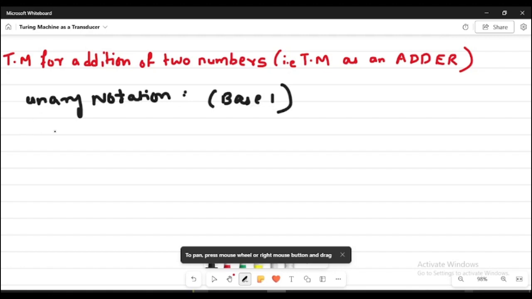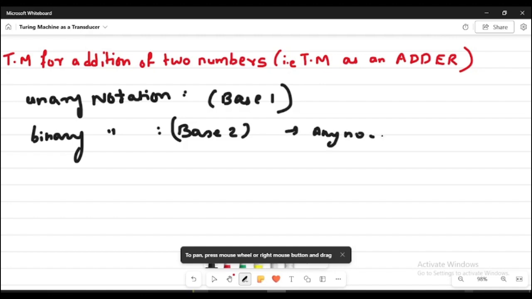For example, binary notation is called base 2, which means to represent any number we will take two symbols. Here, for any number we will take only one symbol.